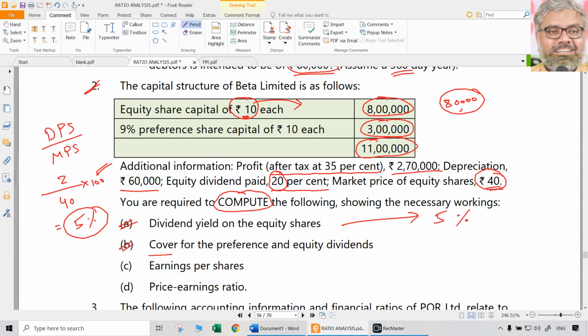Second, cover for preference and equity dividends. In other words, dividend coverage ratio is asking for both equity and preference. First preference will come because preference shareholders have to be paid first. Profit after tax is 2,70,000. That is available to the preference shareholders for sure.